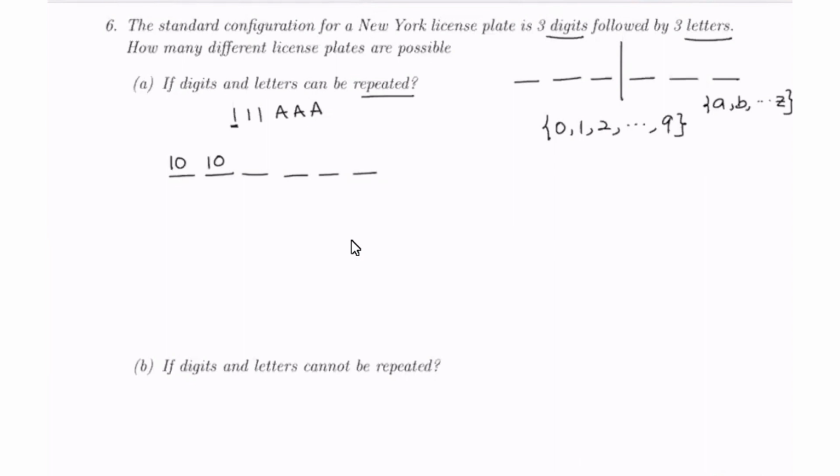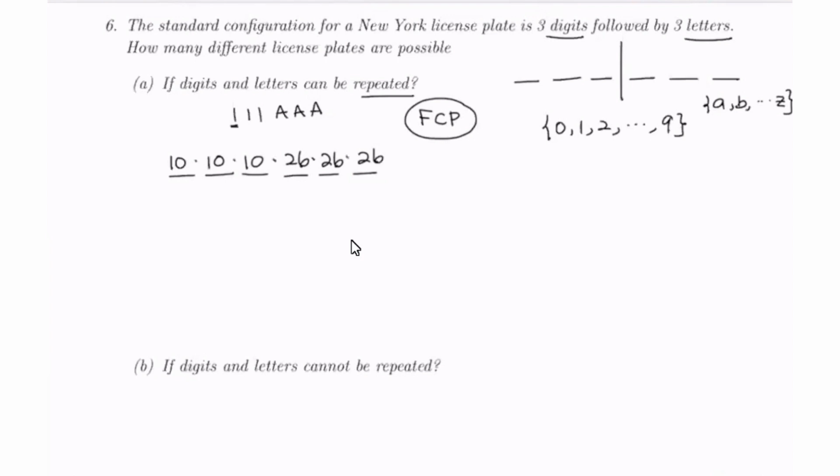It could be repeated, so 10 choices each. For the letters, I have 26, 26, 26. This is the fundamental counting principle. So we multiply 10 times 10 times 10, 26 times 26 times 26.